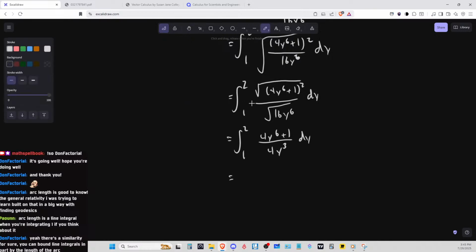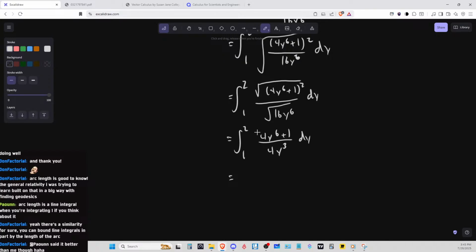Alright, so we got through this part. Now we have to integrate this. If this one wasn't here, we could just reduce it, but unfortunately we can't.